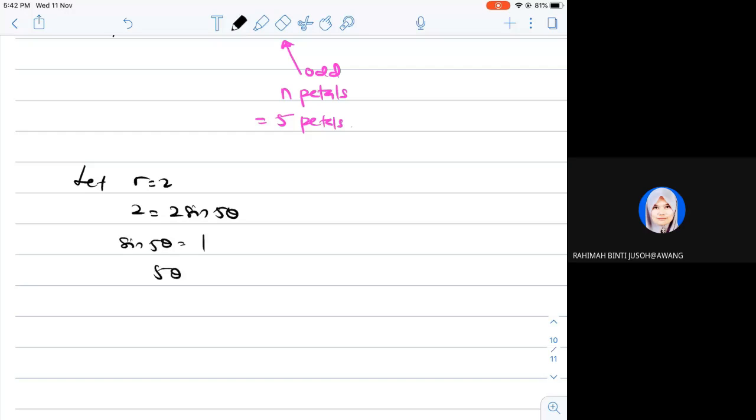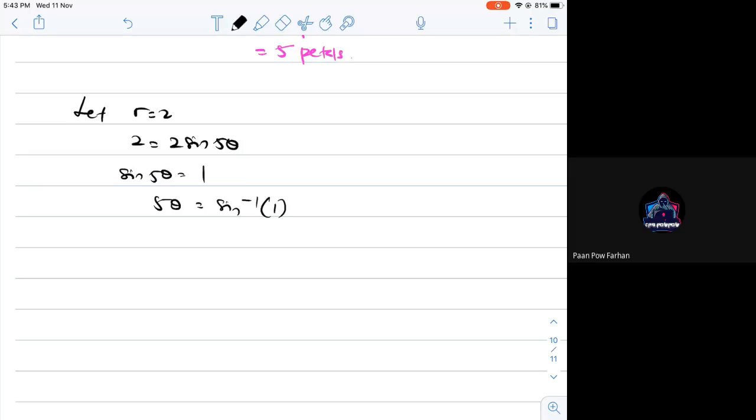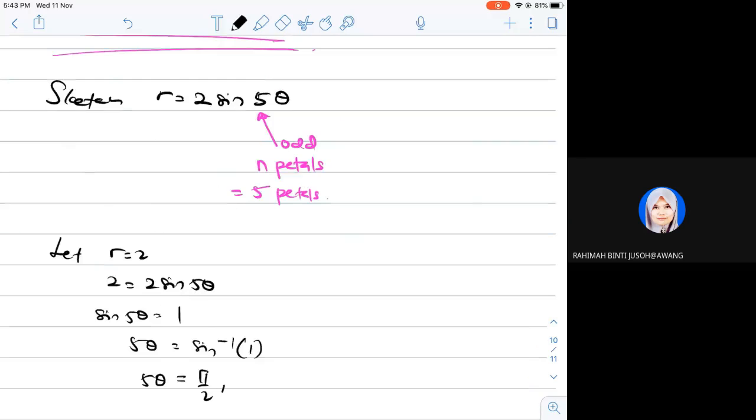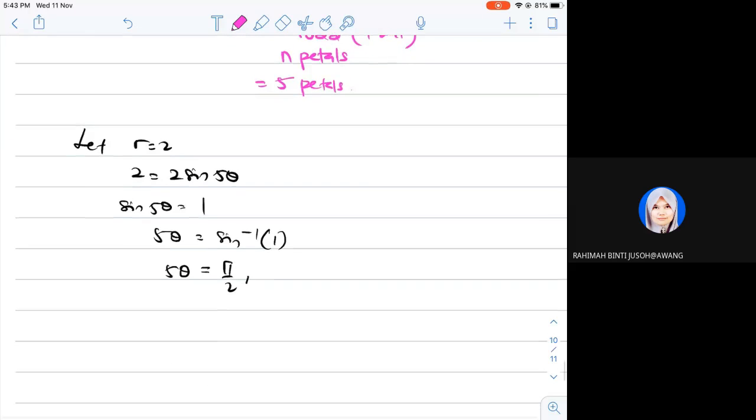So 5 theta equals arcsine of 1, pi over 2. Okay, be careful. In the odd case, be careful. In the odd case, you have to add 2 pi. It is different from the even case, where you add pi. But in the odd case, you have to add 2 pi. Okay, that is the tip. So plus 2 pi.